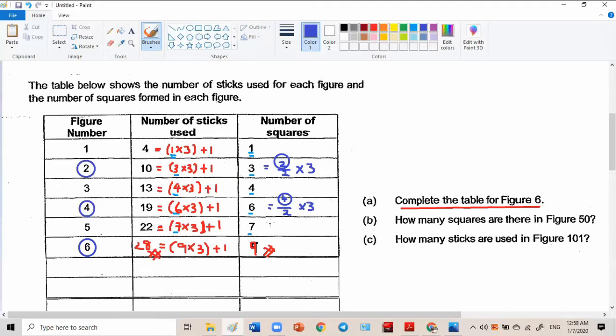Does it work for figure number 6? Let's see. Figure number 6 here, which comes from here. Just now figure 4 was coming from here, figure 2 coming from here. Figure 6, divide by 2.